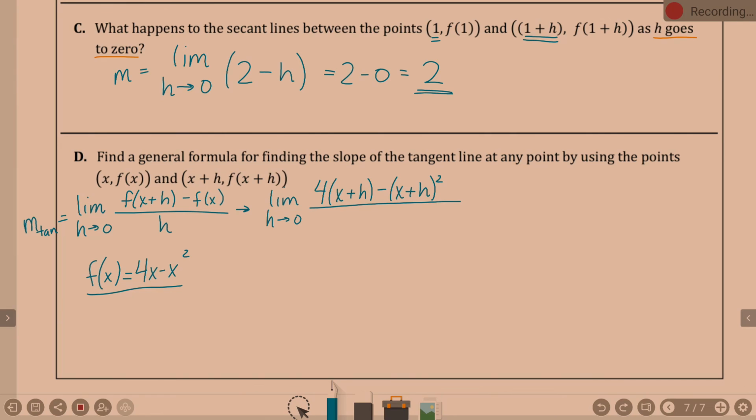There's f of x plus h, right? Minus f of x. What's f of x? 4x minus x squared. And I'm going to put this in parentheses. It's minus the quantity 4x minus x squared.